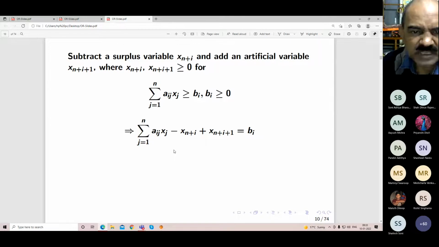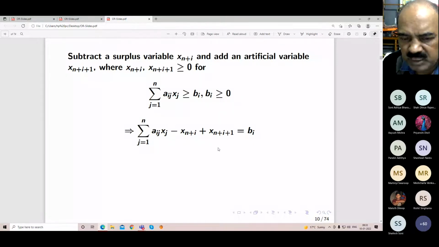As you know, the artificial variable is artificially added. Let us say it is not there. It is a type 2 equation. Somebody by mistake has not added the artificial variable. Simply he has subtracted the surplus variable, so summation over j varies from 1 to n aij xj minus xn plus i equal to bi.